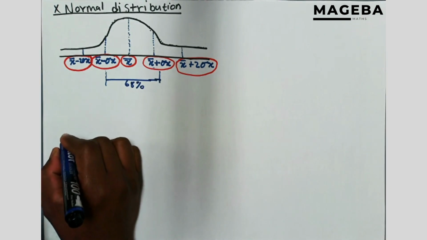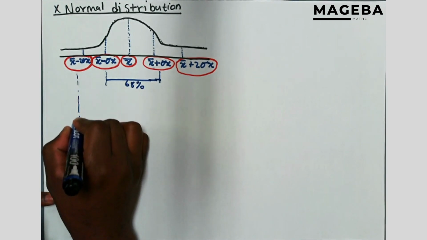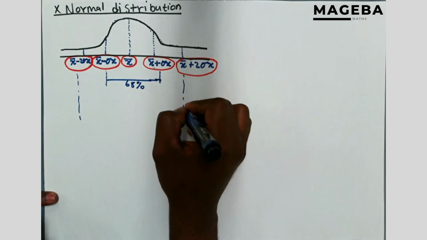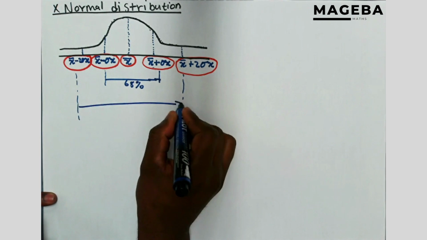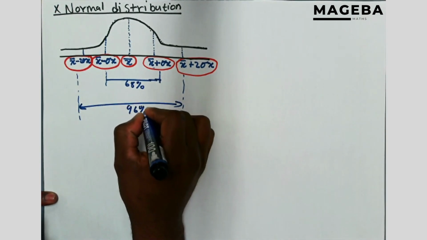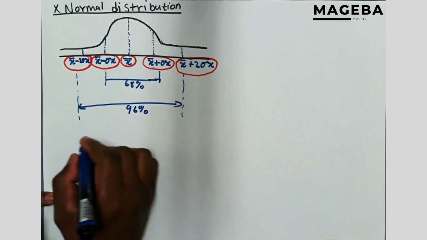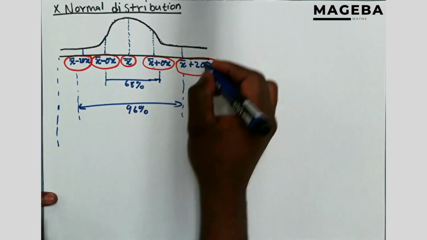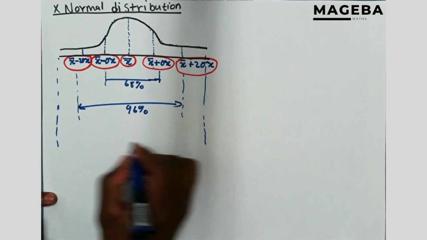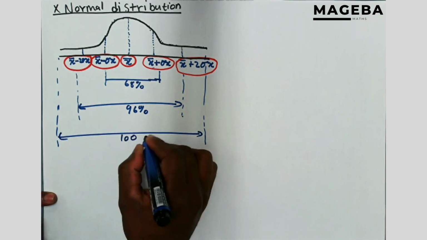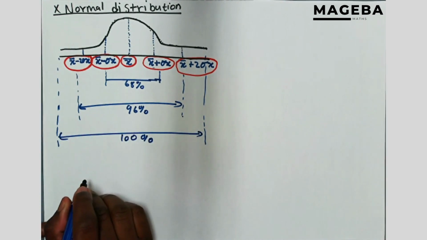And then from here to here, just roughly, this is about 96%. Then going further, to where it stopped on my graph, that's 100% of my distribution.